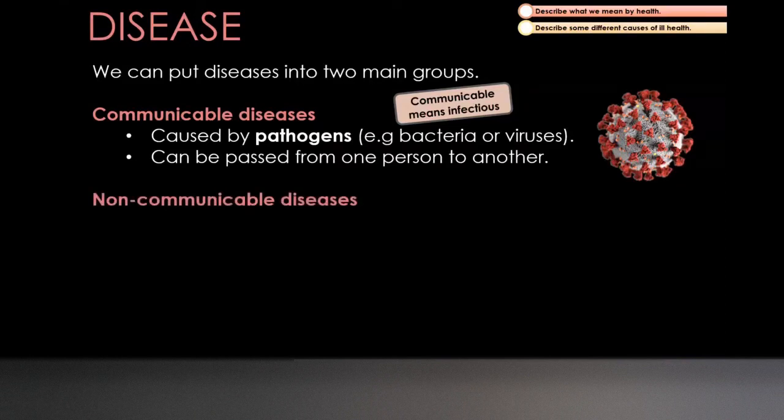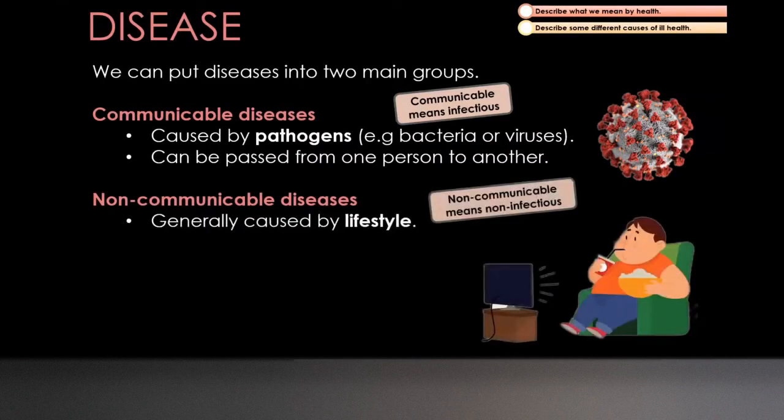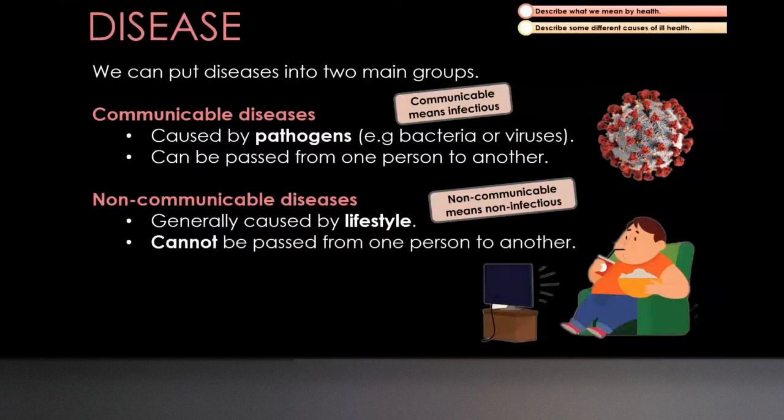Non-communicable diseases is our other category. Those are things that are caused by somebody's lifestyle, generally speaking. So we had people talking earlier on about bad diet, stress, and those kinds of things. Those are parts of your life that might be causing you to end up with some kind of disease. You can't pass a non-communicable disease on to someone else.